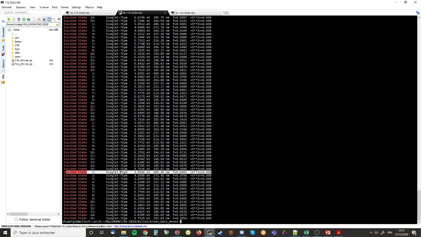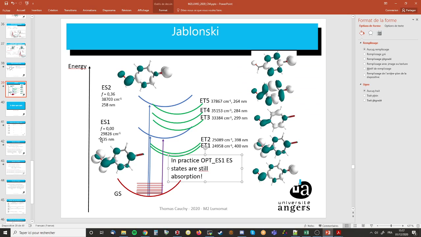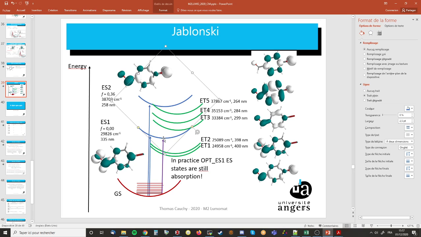So when you do this, the new state ES1 is at 405. That means that here you start at 335 and you go to 405. That means that this blue should be much lower in energy.